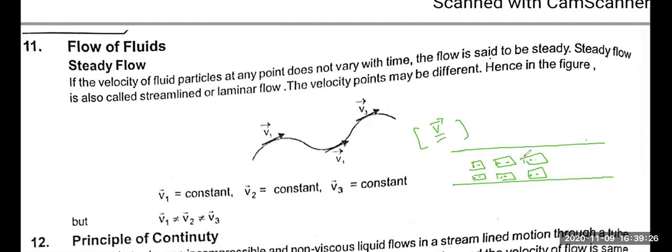So I can say that the flow of these cars is streamlined. Got it? Now what will happen, suppose they start moving with different velocity? Suppose this moves with 100 meter per second, this moves with 50 meter per second, what will happen?